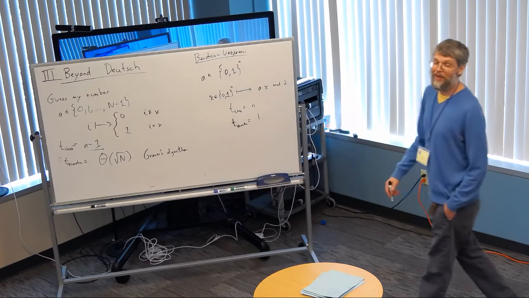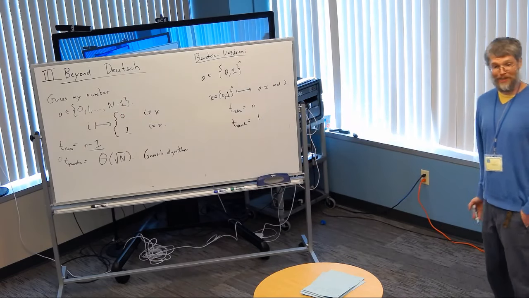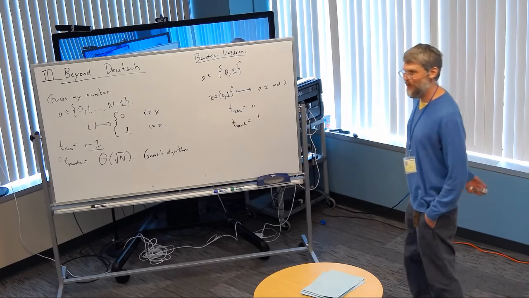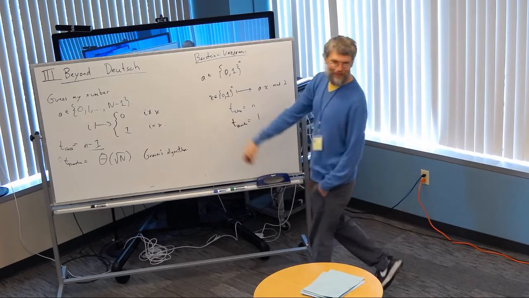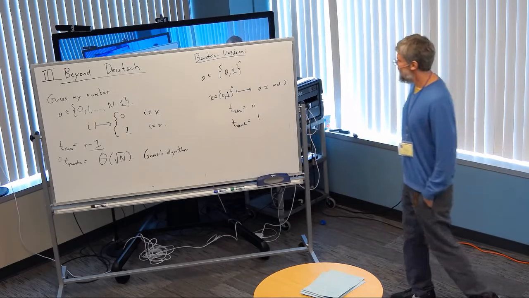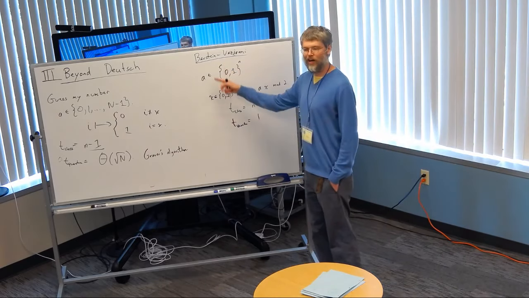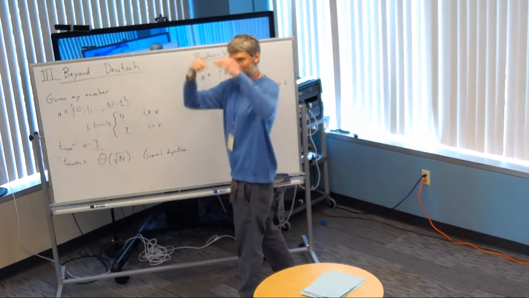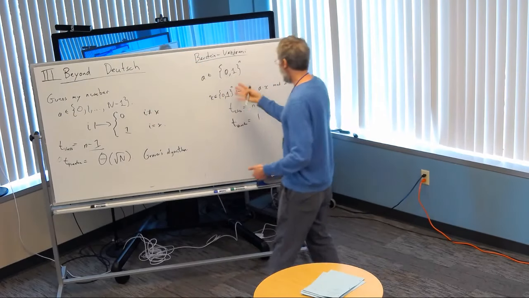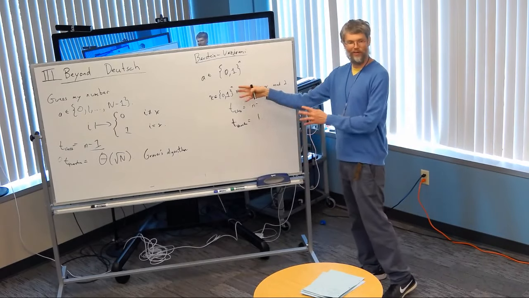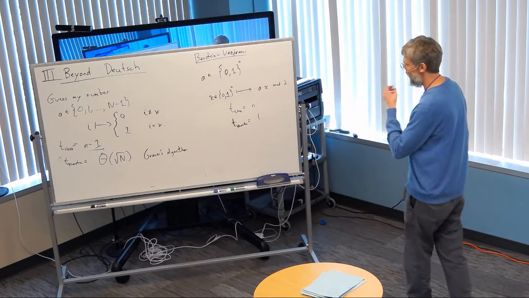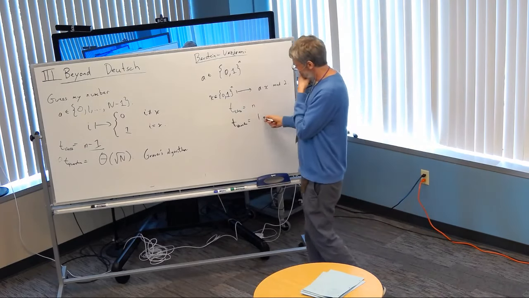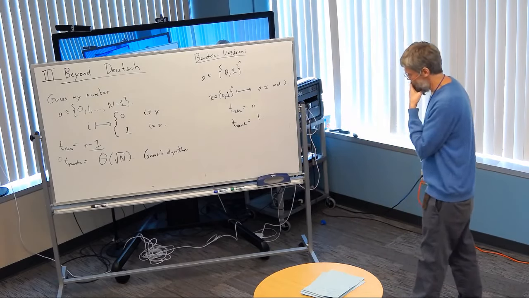I don't know if you call that an exponential speedup or a super exponential speedup, but it's the best you could do. The problem's a little bit more contrived, but this is something you actually want to do, find items in lists. I'm not sure exactly why you would have access to an oracle of this type, but in any event, the quantum world is pretty good for this one.